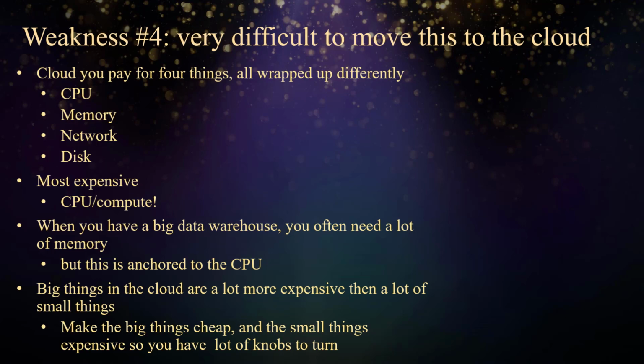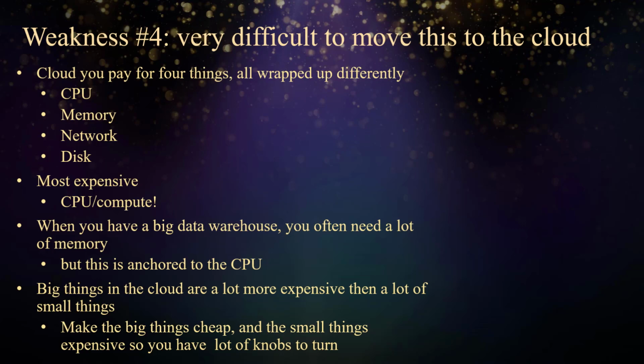So when you have a great big data warehouse, you need a lot of memory. And in the cloud, memory is anchored to CPU, and CPU is really expensive. So let's say that you have a data warehouse with like 10 years of data in it. You and I both know that your decision makers are not using 10 years of data. They're probably only using the last like 14 months of data, really.